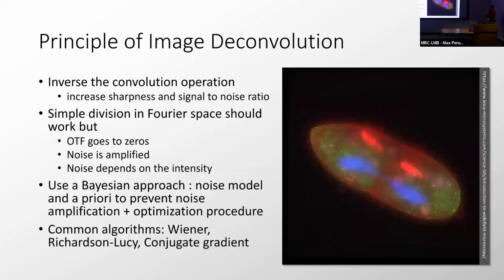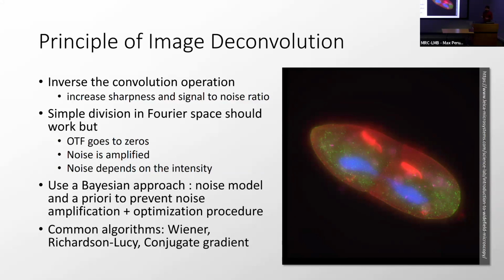So the idea is to invert this model, to recover a sharper image, taking into account the knowledge we have of the image formation, which is this point spread function. So the idea is to invert the convolution operation, invert the brush, and recover the sharp image. It's called deconvolution. With this, we want to increase the sharpness and the signal-to-noise ratio.